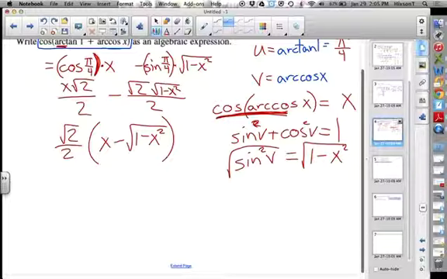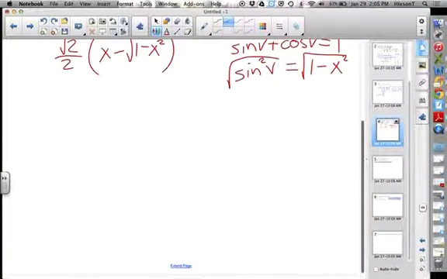Can you explain how you got the x again? How I got the x right here? Yeah. When we have angles and we have values from -1 to 1, right?